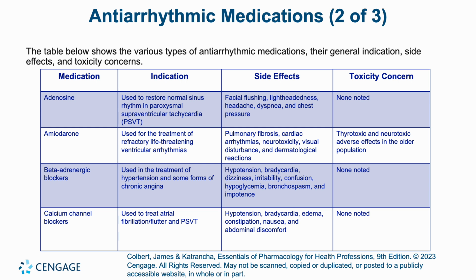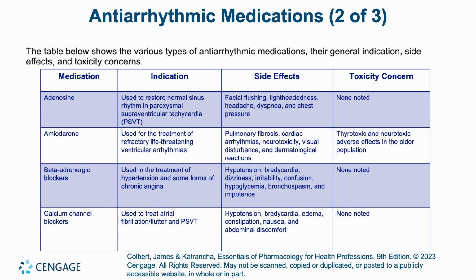Beta adrenergic blockers are used in the treatment of hypertension and some forms of chronic angina, which, remember, is that chest pain. Side effects: hypotension, because we're treating hypertension, we can drop too low. Bradycardia, slow heart rate. Dizziness, irritability, confusion.